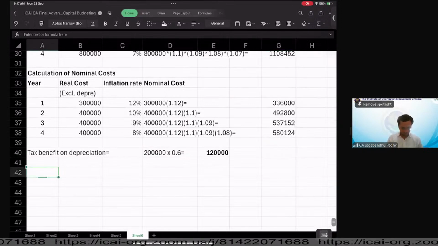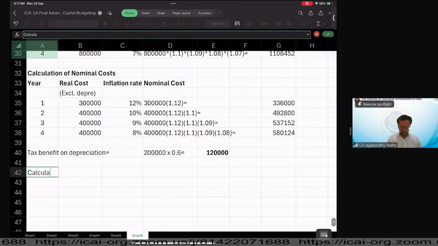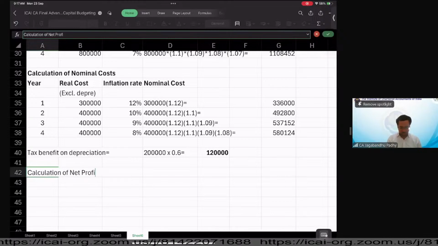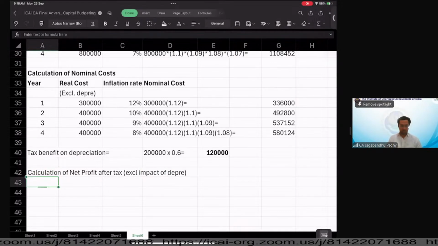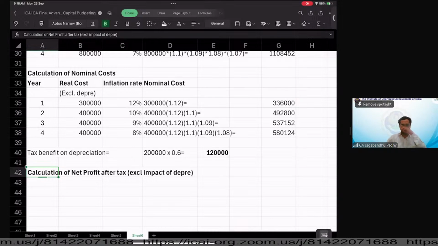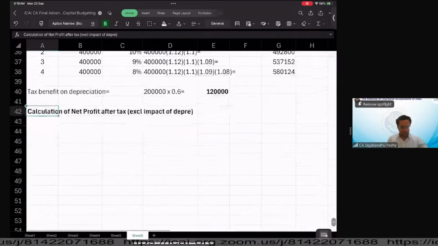We will compute the calculation of net profit after tax, excluding the impact of depreciation, because depreciation is going to be taken care of in a separate way.